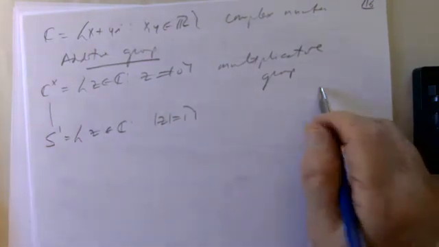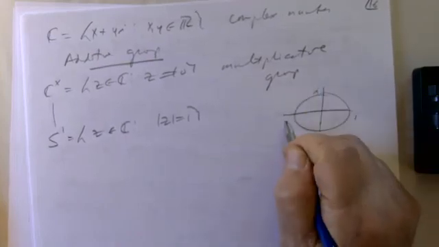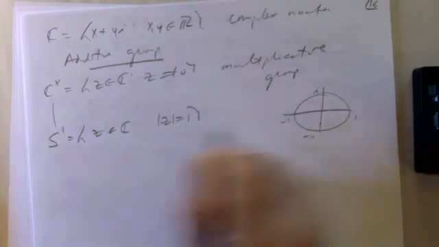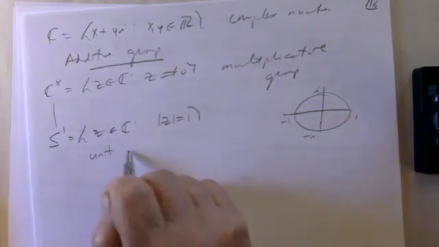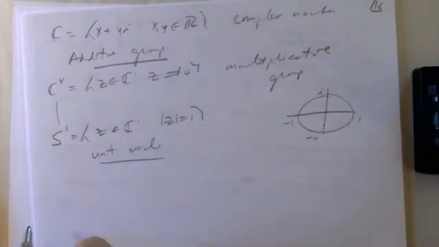What is this? Well, 1, i, minus 1, minus i. This is the unit circle in the complex plane.